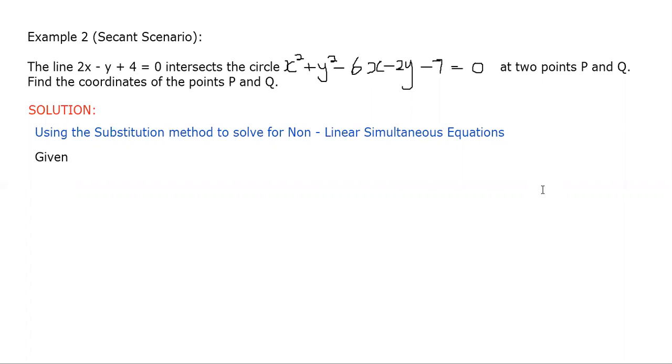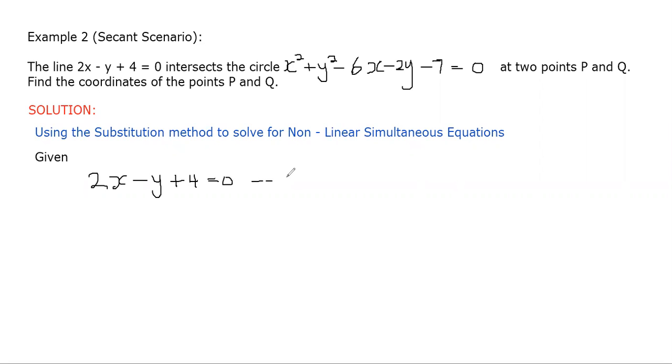We are required to find the coordinates of the points P and Q. Now for the solution, remember from the first video, we are using the substitution method to solve nonlinear simultaneous equations. Our first equation given was 2x minus y plus 4 equals 0.